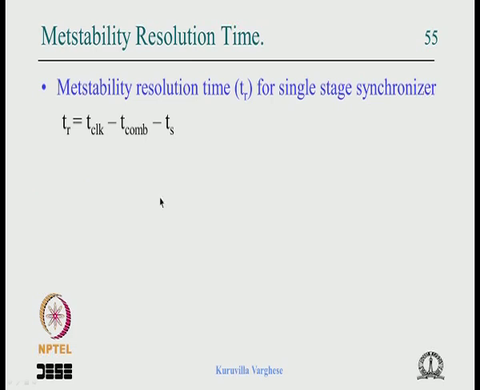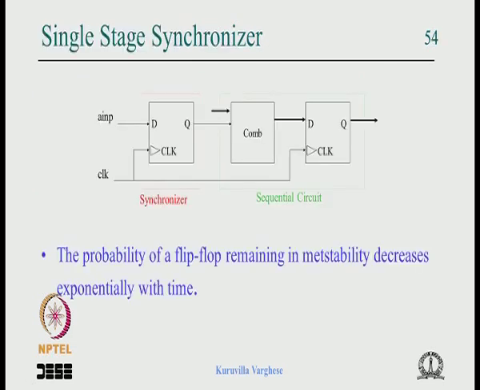So go back and look at the single stage synchronizer, we are asking whether we can make it 0. So no magic, we cannot do any magic. The problem is that this flip flop output is going through the combination circuit and reaching here. So to make it 0, what we do is that we block it, okay.